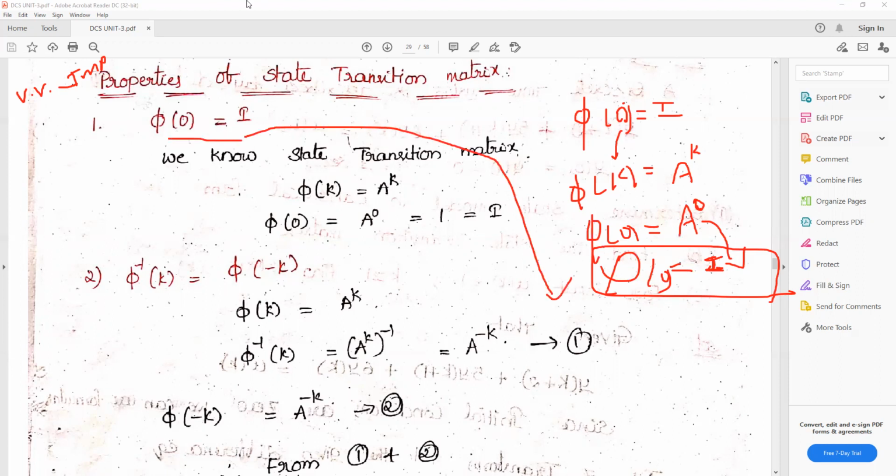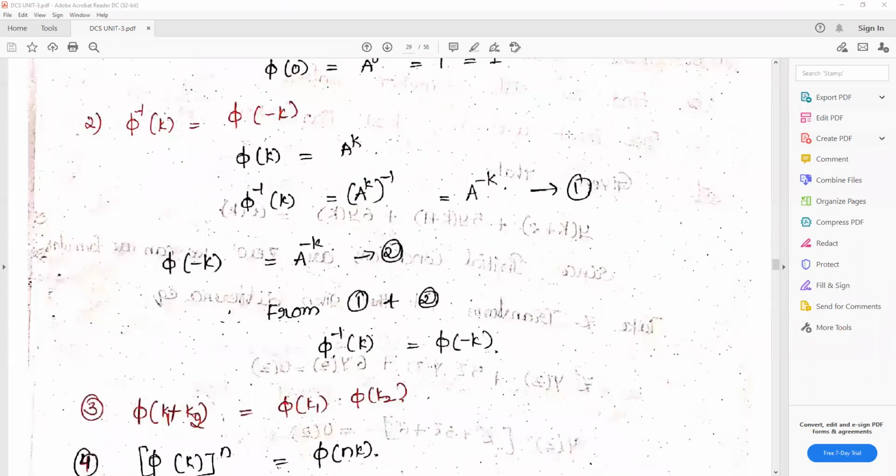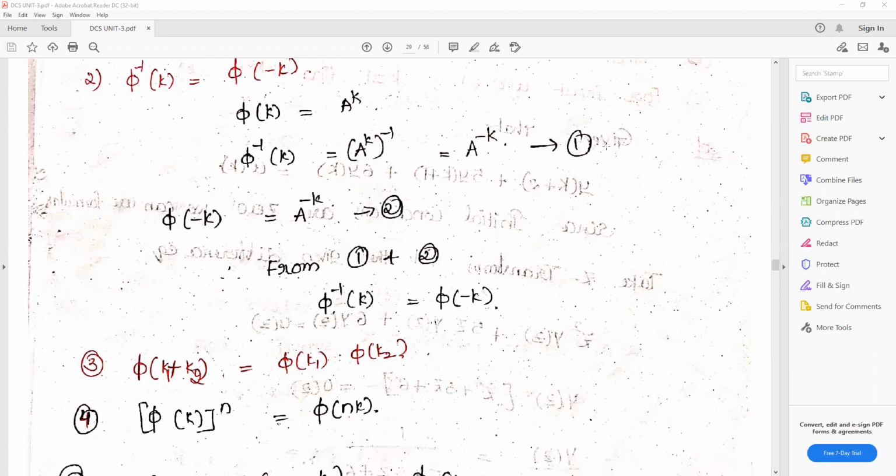And the second property is phi inverse of k is equal to phi of minus k. What is the formula of phi of k? Phi of k is equal to a power k.